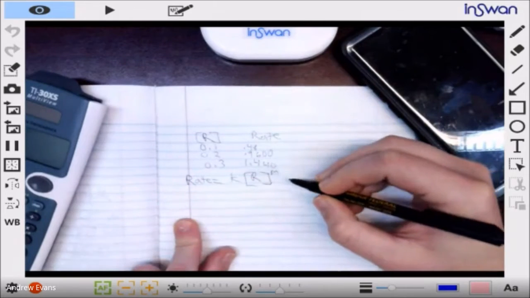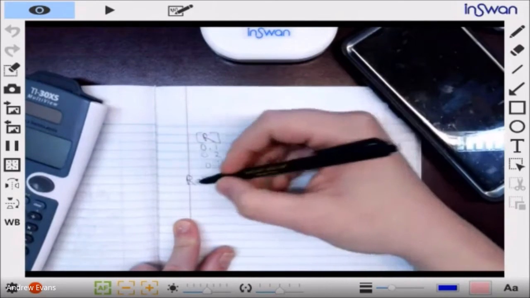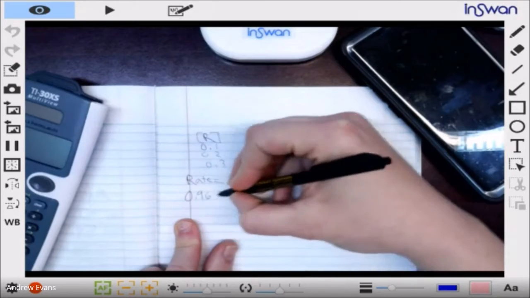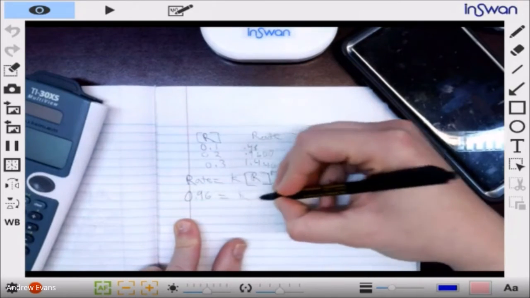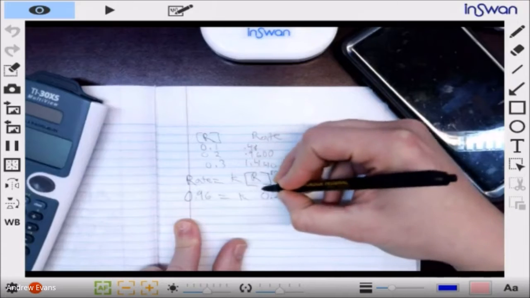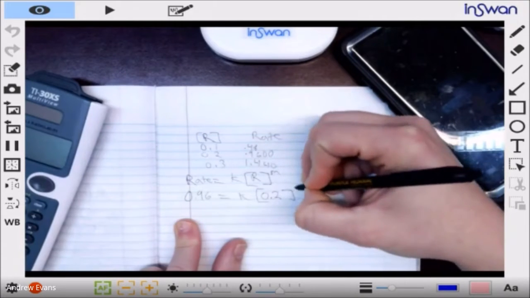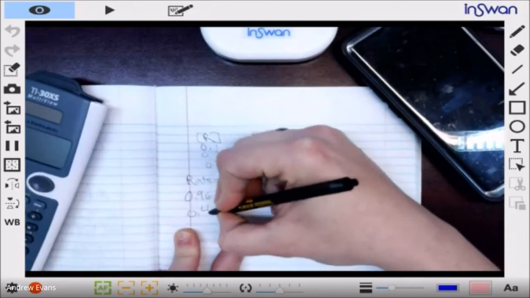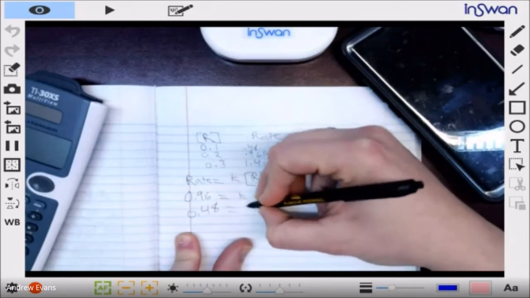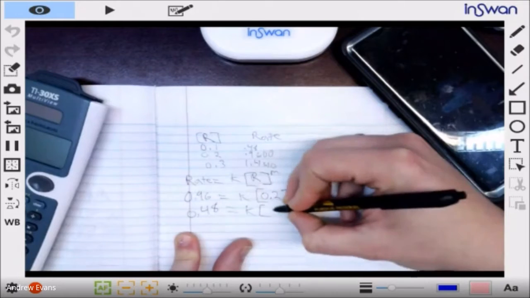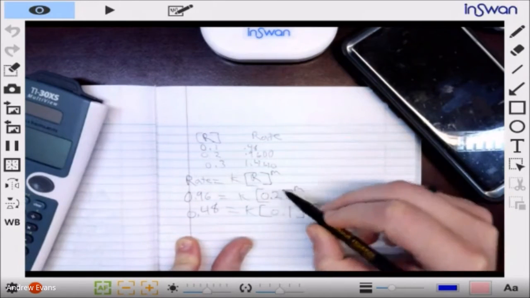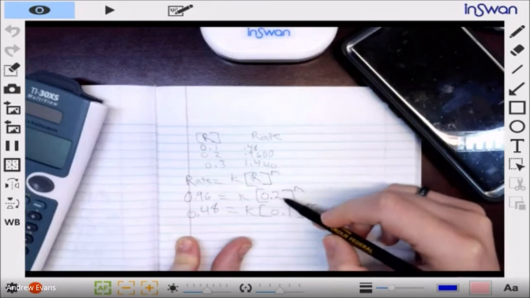So what we're doing is we're saying, okay, if the rate is 0.96 when the concentration is 0.2, and the rate is 0.48 when the concentration is 0.1, what effect does this concentration have on the rate?